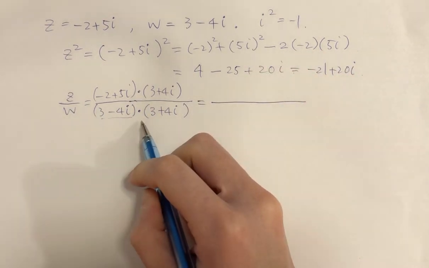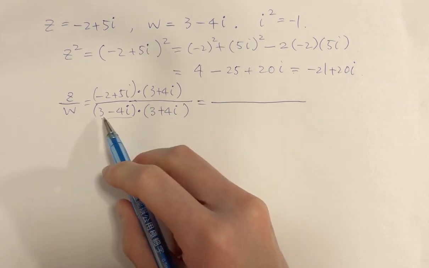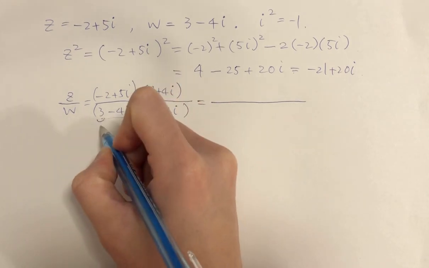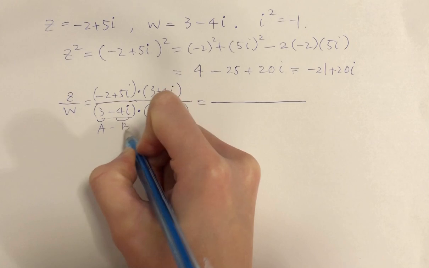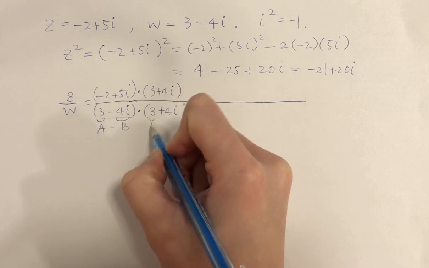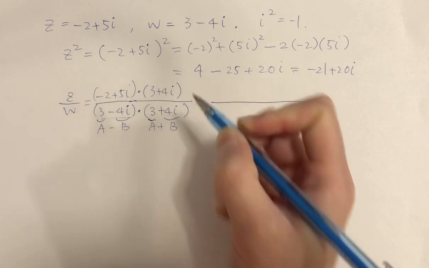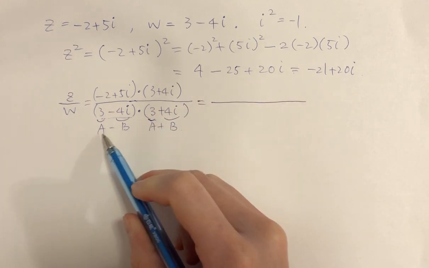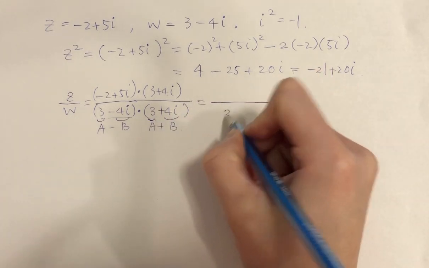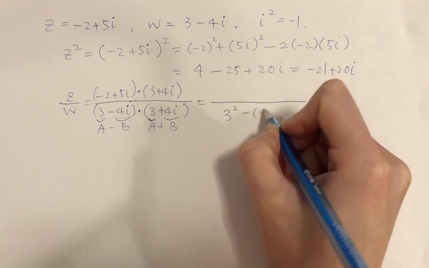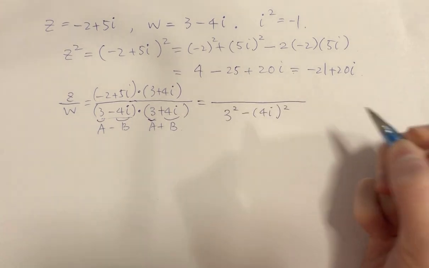Let's look at the denominator first. You can think of it as a minus b times a plus b, and then it will be equal to a squared minus b squared. So 3 squared minus 4i squared.